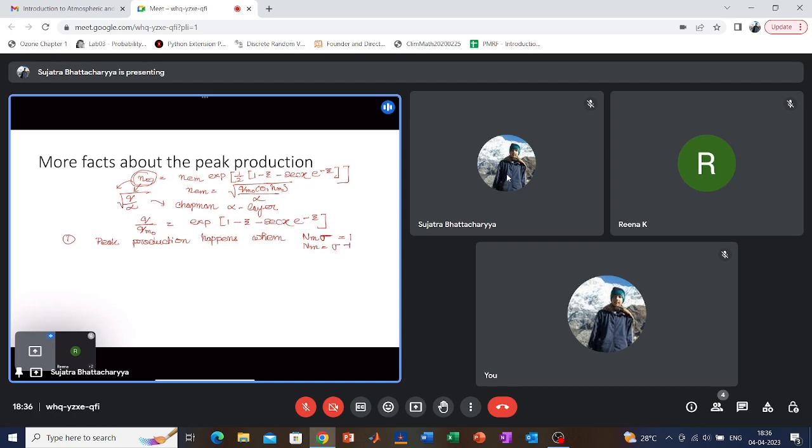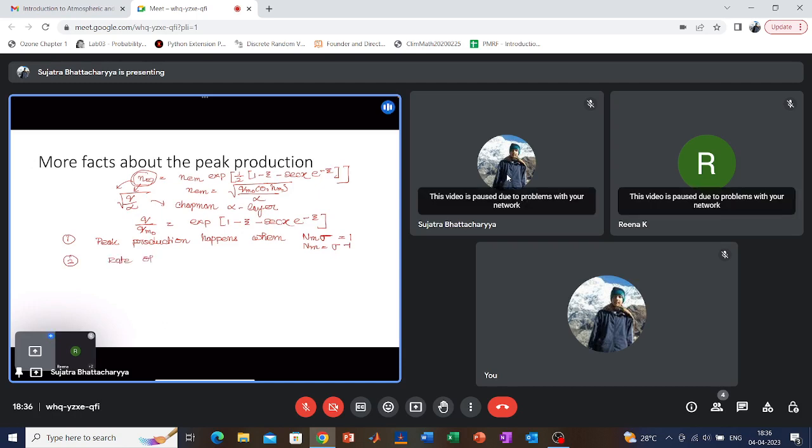This is one of the conditions. The second condition, which we have seen, is that the rate of production is simple. This we have derived.